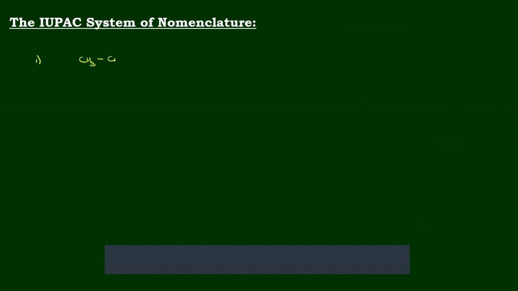CH3, CH, CH3, CH2, CH, Br, CHOH, and a CH3. Now, if I ask you about the observation, how many functional groups do you see in the given compound?